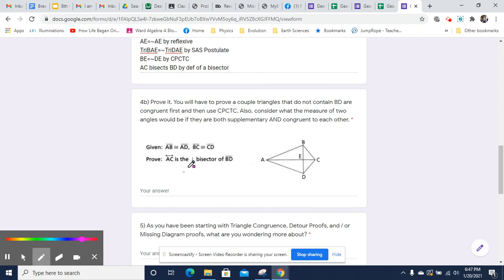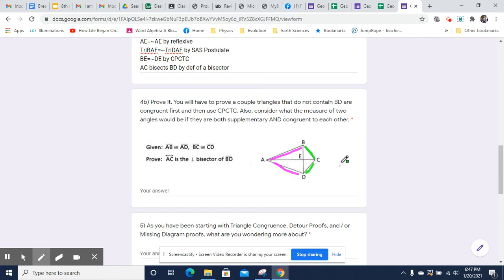Okay, so let's see what we have. We have AB right there is congruent to AD. We have that information. We have BC is congruent to DC.